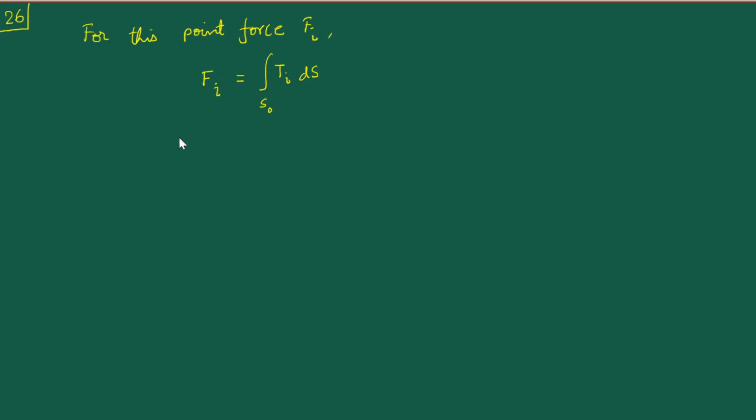The point here is that we would like to arrive at an expression that we were developing earlier in terms of this Fi. So towards that end, we write like this, and then of course we can write this as we have done earlier. We take the first variation within the integration sign, which means that whatever we had earlier obtained, this delta u dash, that can be written as ui bar.